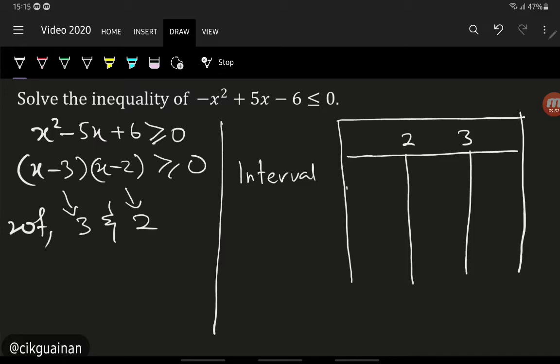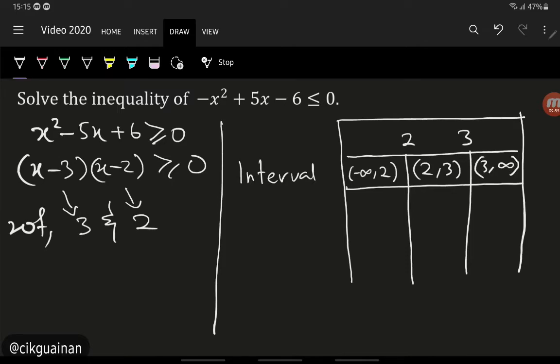The interval in this box is from minus infinity until 2. For this one, it's between 2 and 3. And this one is 3 until infinity.